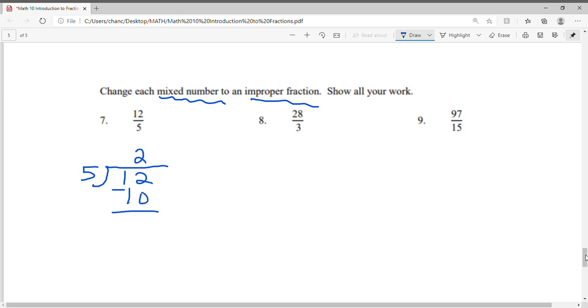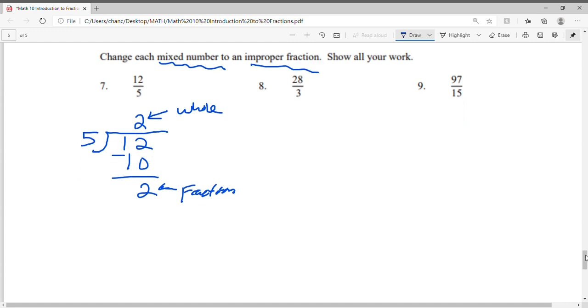We have a remainder of 2. This represents the whole part, and this represents the fractional part. So in order to convert this to a mixed number, we'll write it accordingly. 12 over 5 equals 2 whole parts and 2/5 of a fraction left over.